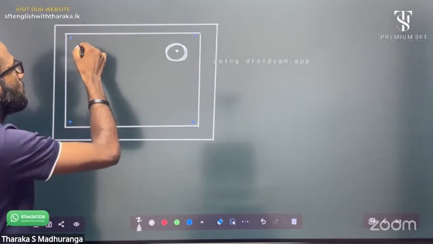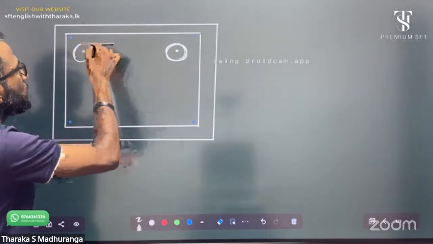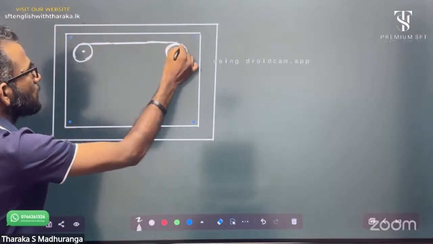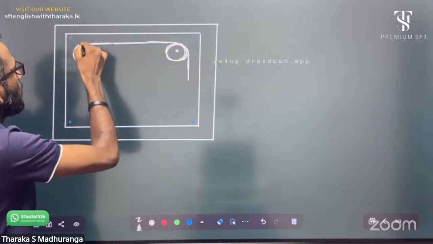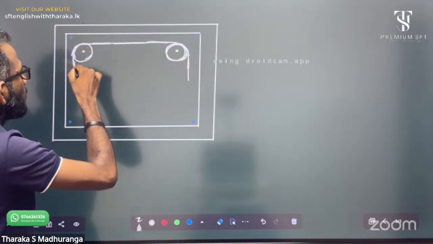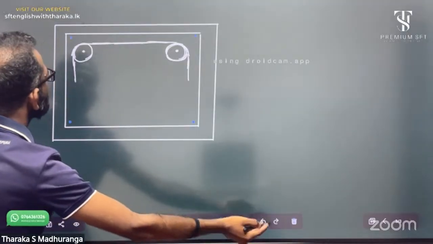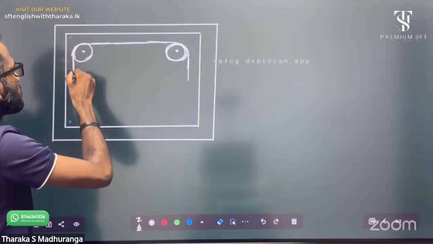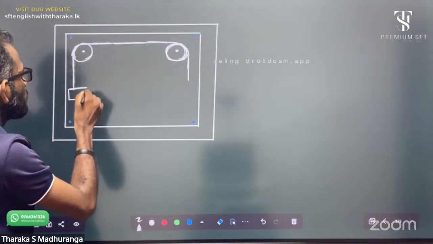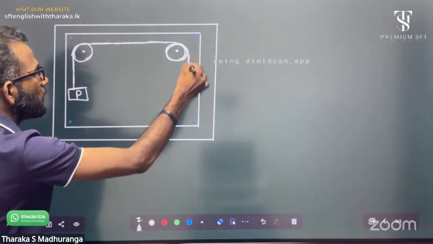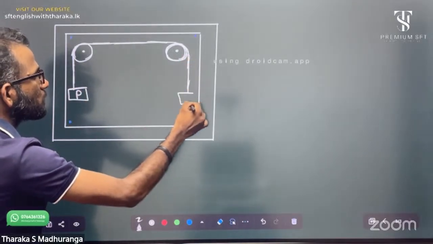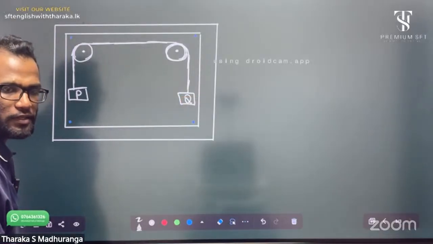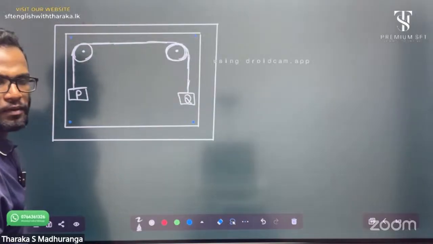The weight of the string is negligible. We can add the string like this and hang masses. Think it is P and it is Q, P and Q.